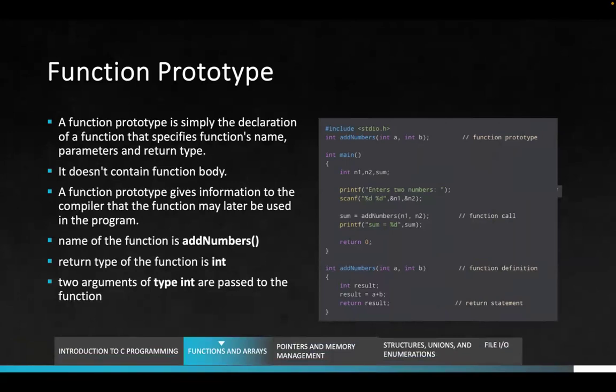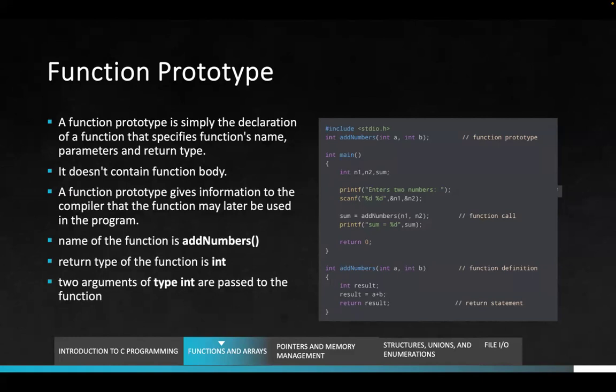Next one is the function prototype. A function prototype is a simple declaration of a function that specifies the function name and the arguments that are needed inside the function. If nothing is there, it doesn't mean that the function doesn't contain a body. A function prototype gives information to the compiler about how this function will behave.